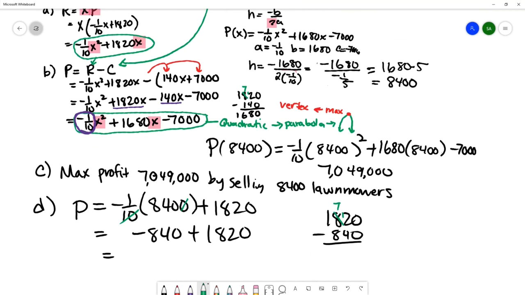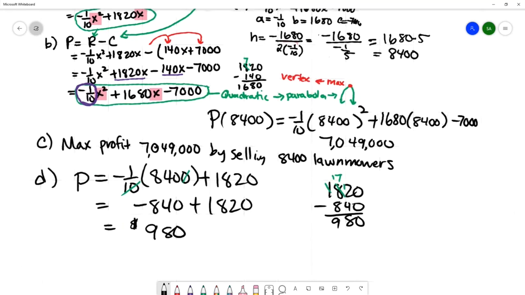So I get 80, and I need to borrow again. 17 minus 9 would be 9. So we have 980 is the price that we should set for the lawnmowers. We should charge $980 for those lawnmowers.